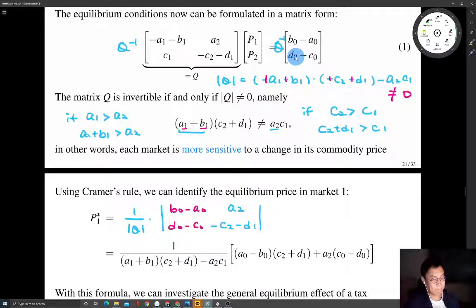And the determinant of Q is right here, and the determinant of this 2 by 2 matrix is right here. So the product of these two minus the product of these two.